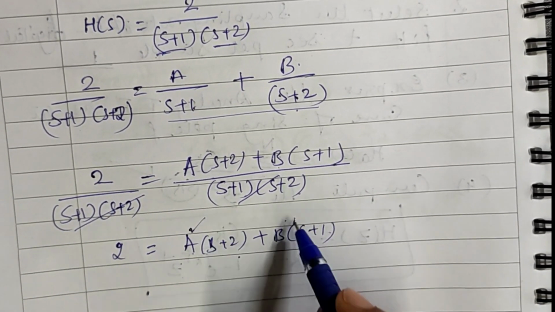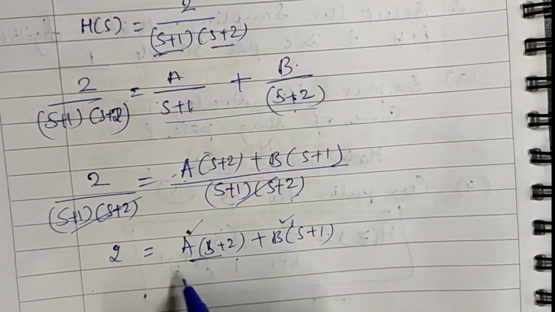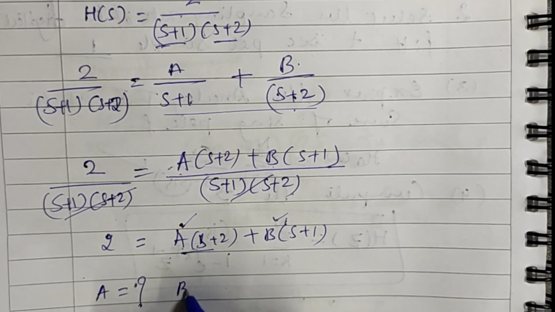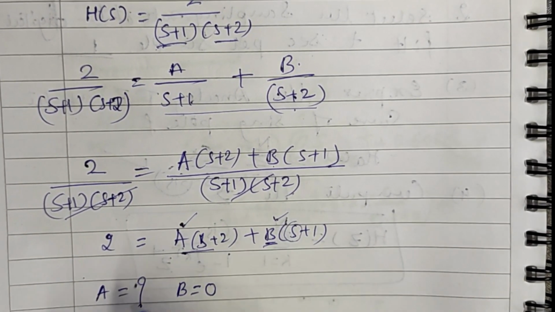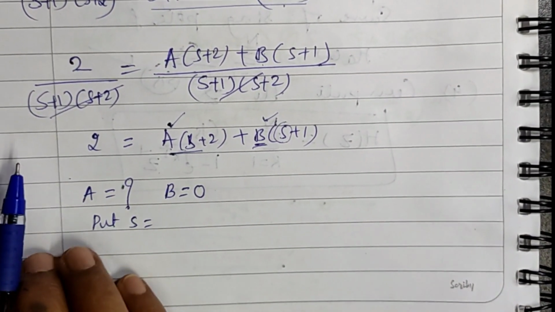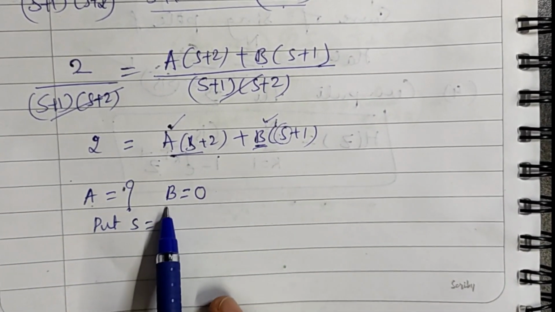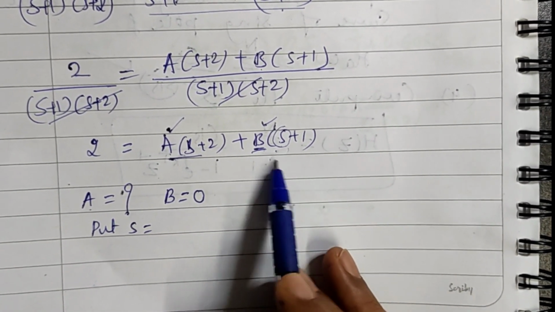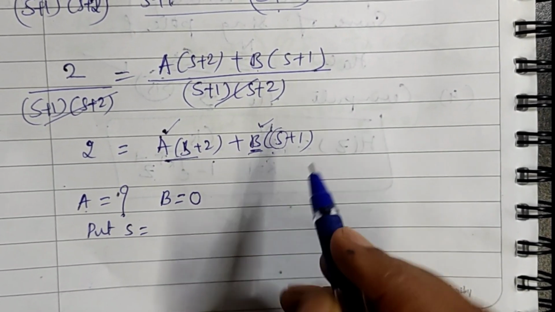In this case we have to calculate A and B purposely by making one factor or one term equal to 0. To calculate A, we have to make B's term equal to 0. What value of s has to be substituted? That (s plus 1) is supposed to be 0, which means s is minus 1.